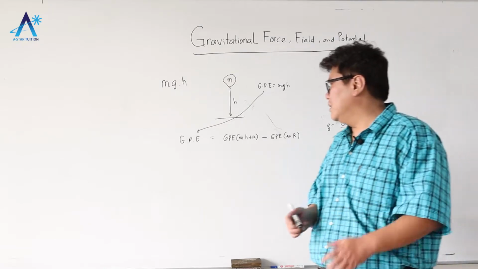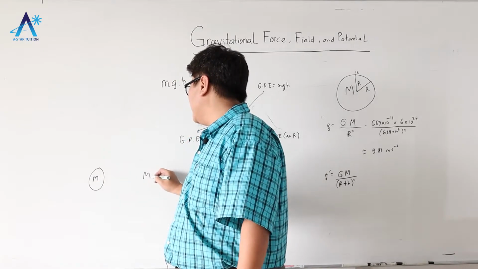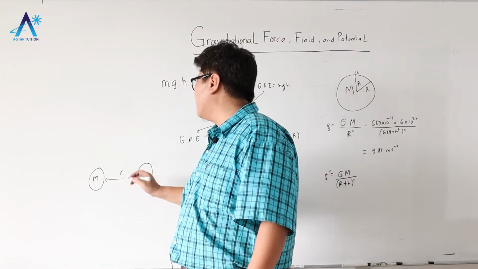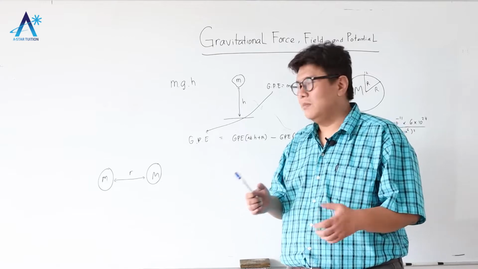Let me explain. Let's say you have capital M and lowercase m. They are at a certain distance r from each other, and you know that there's a gravitational force between them.